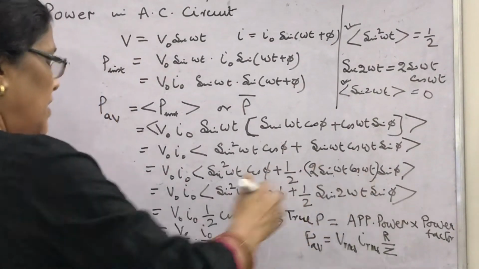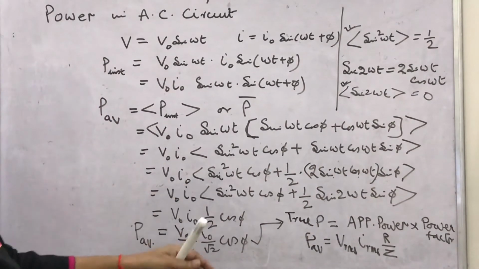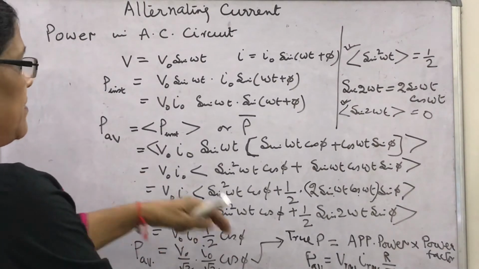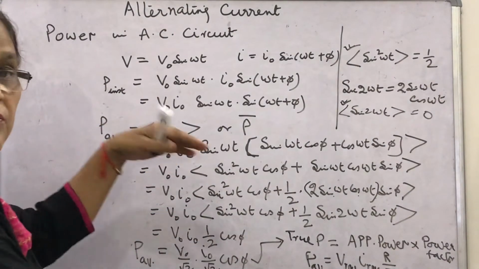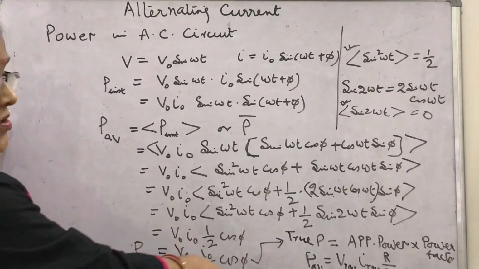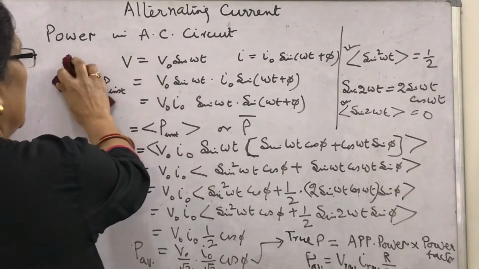So in this way, power in AC circuit is calculated. Now how this power is calculated in various AC circuits. Look, I think you must have noted it.